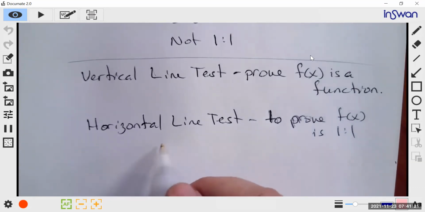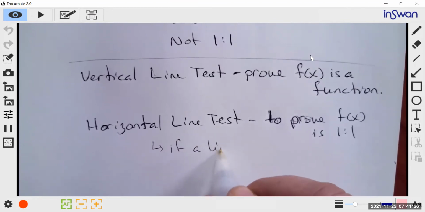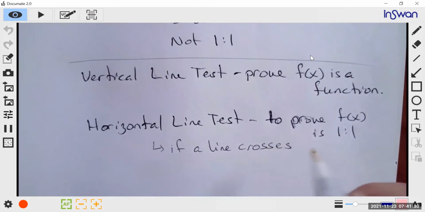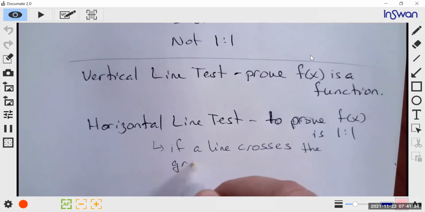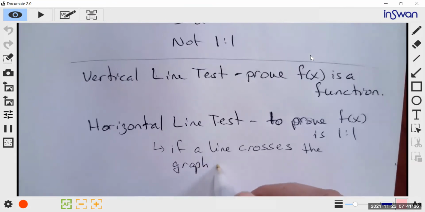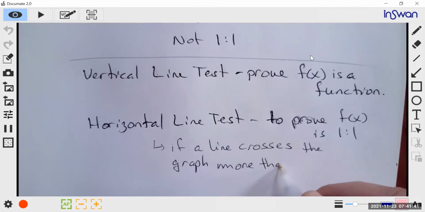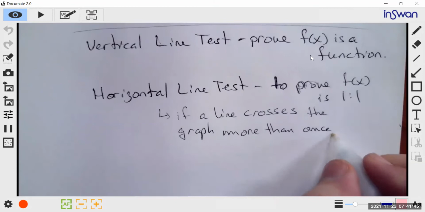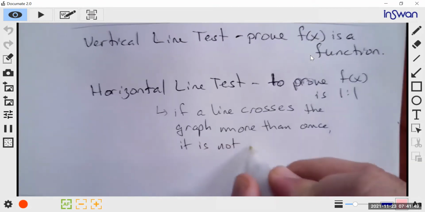The horizontal line test says this. If a line crosses the graph more than once, it is not one-to-one.